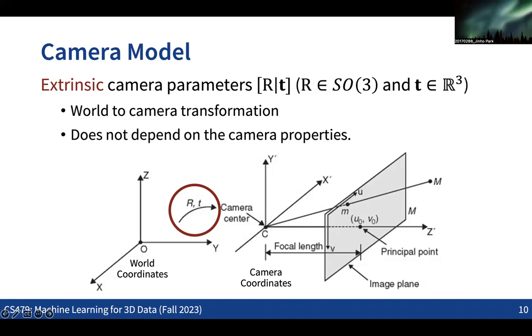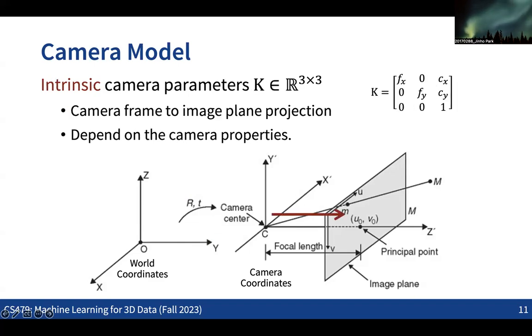This information about the camera is called the extrinsic parameters, in the sense that it is not related to the camera's intrinsic properties. It's not about lens information. It's information about where we put the camera and with which orientation, right? We're also going to have the intrinsic parameters, which are more about the projection.